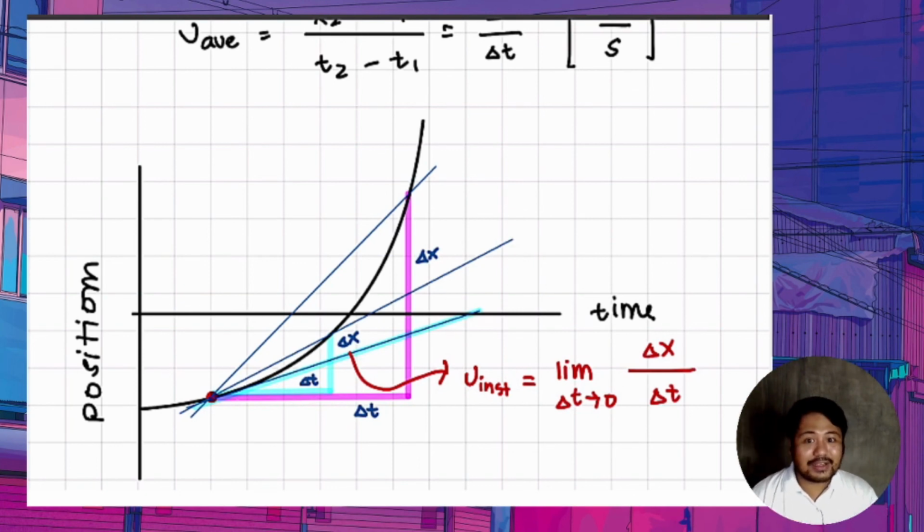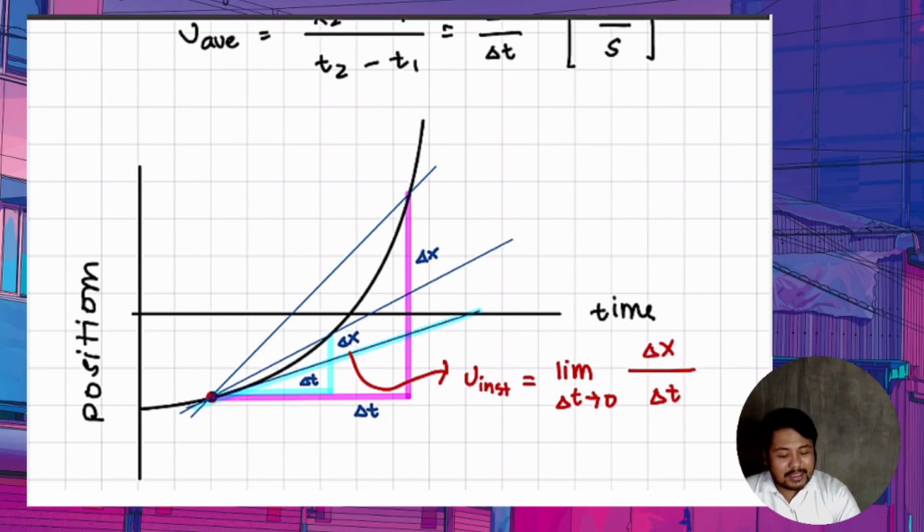But for instantaneous velocity, it's different. We have to get the slope of our tangent line. So, tangent, it should be touching at 1 point lang. So, ang idea nito is the same with our instantaneous speed. So, delta x over delta t, wherein the limit delta t is approaching 0. Or this is just equal to dx over dt, finding the first derivative.